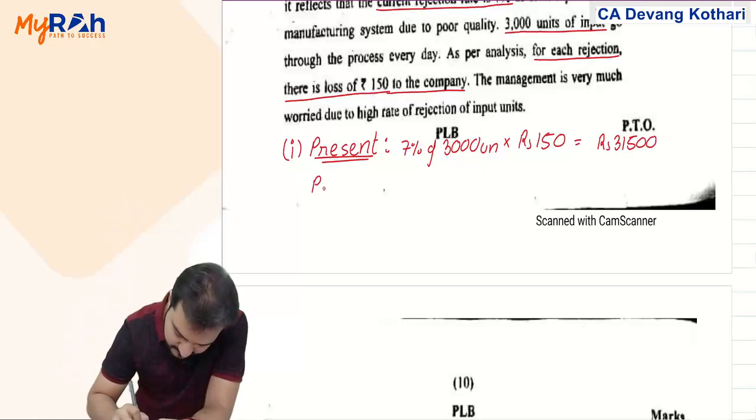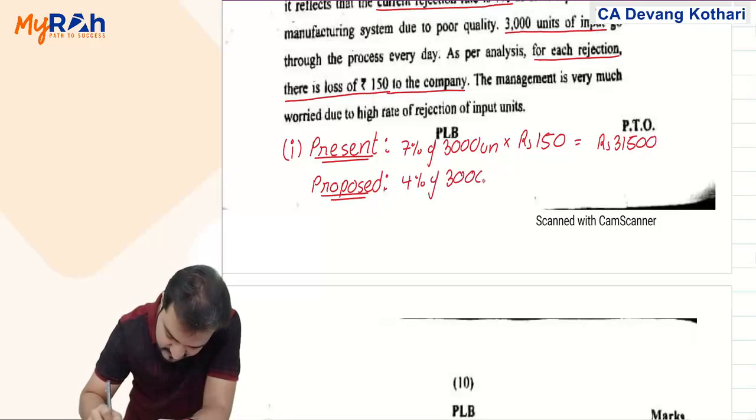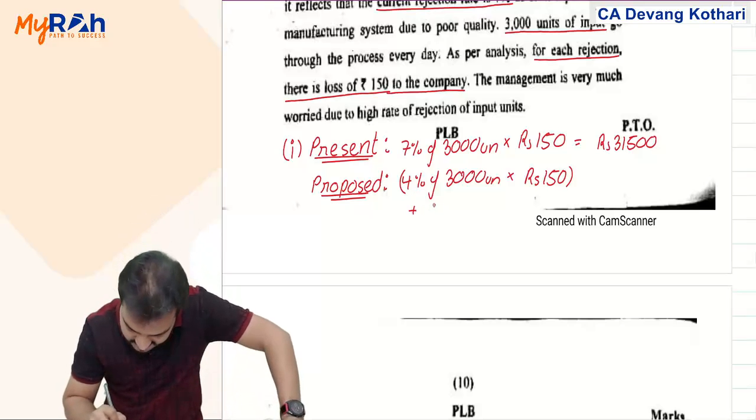And in the proposed system, my rejection will be only 4% of 3000 units, which will cost me rupees 150 each, plus I will also spend for the new system 12,000 rupees.